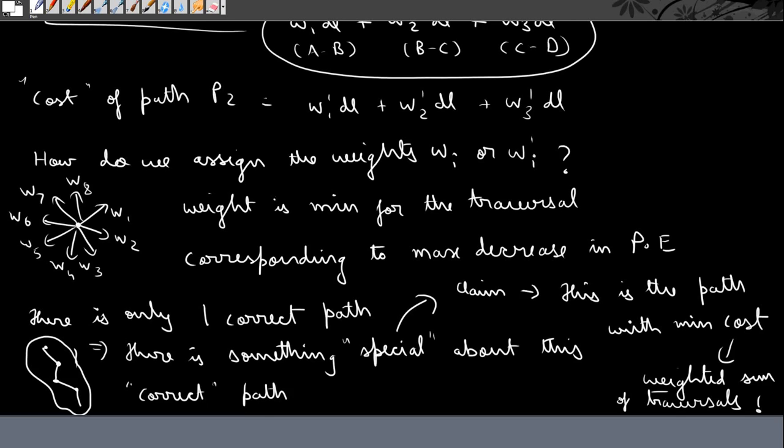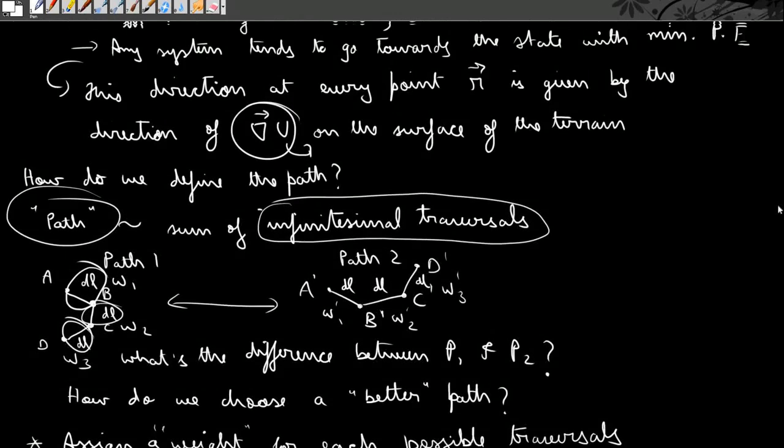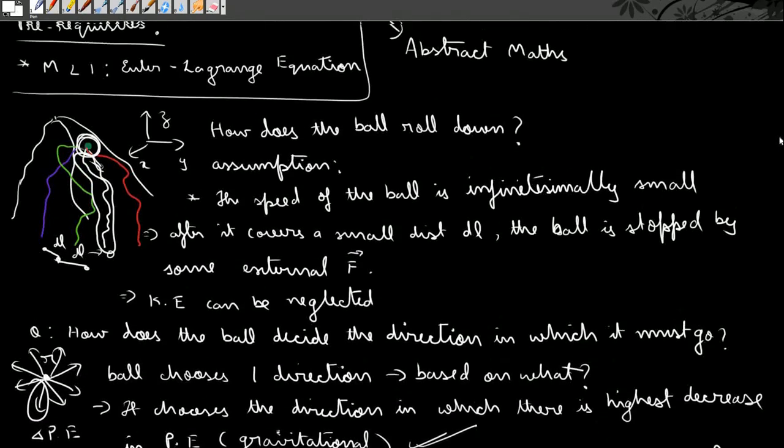So therefore we can conclude that the path corresponding to the minimum cost must be the correct path. Okay, so that is our inference.